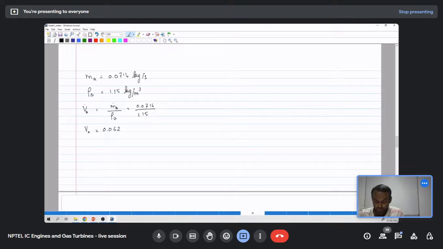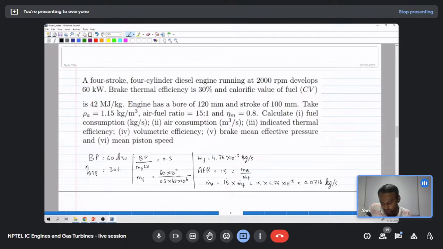Yeah, you are right. So it is 0.062 meter cube per second. So we have calculated air consumption.